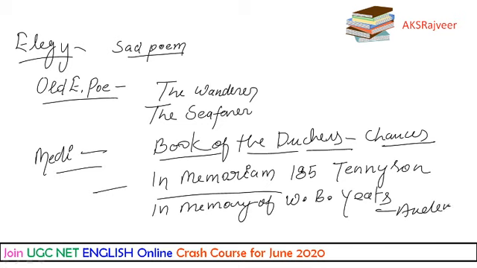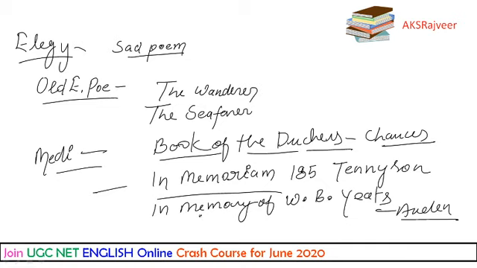Learners, we have also another term, this is dirge. Dirge is also a kind of poem that expresses sadness, poignant feeling. But what is the difference between dirge and elegy?